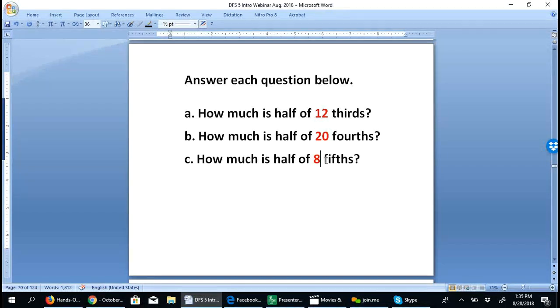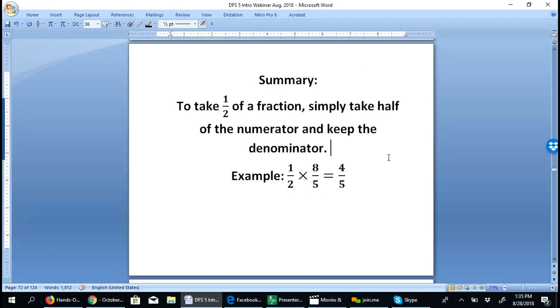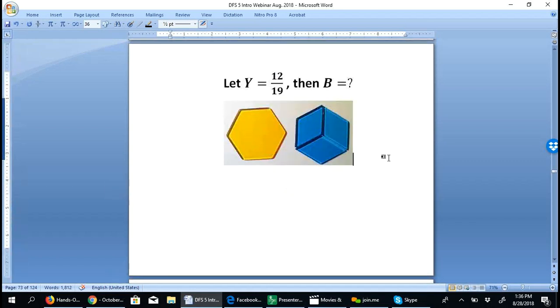How about half of 8/5? Half of 8/5 would be 4/5. Okay? So to take half of a fraction, we simply take half of the numerator and keep the denominator. Just like half of 8 apples are 4 apples, half of 8/5 would be 4/5.